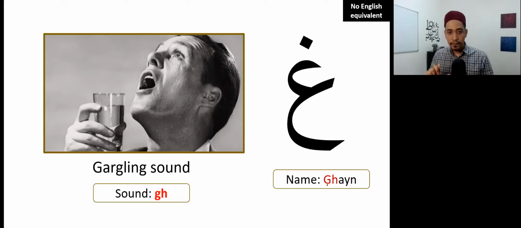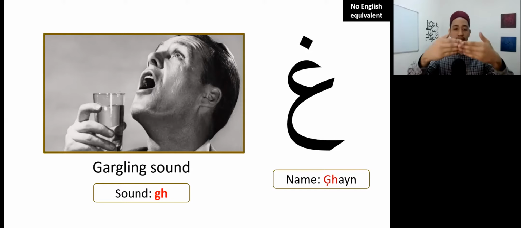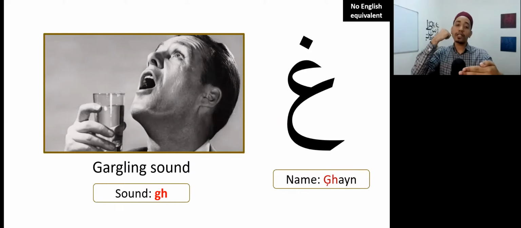That's the ghain. Sometimes you might pronounce the ghain as a kha. What you need to do is go back to the gargling practice, because the kha and the ghain are kind of the same operation, except that the kha is more to the front. The ghain is more inside towards the throat, at the beginning of the throat.